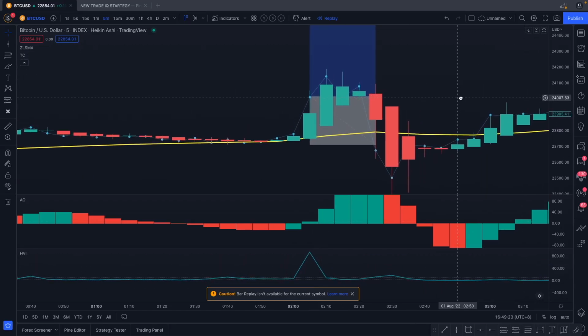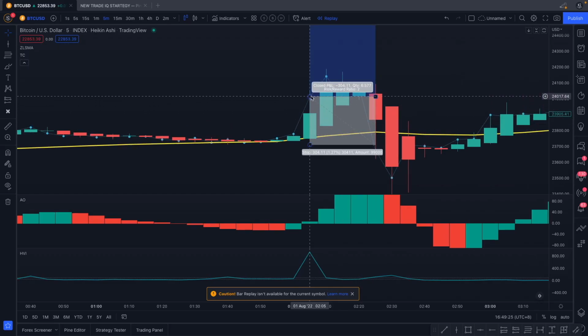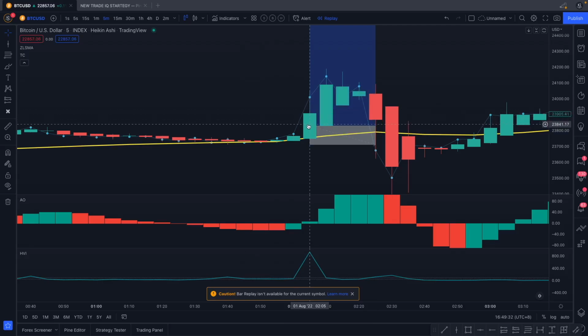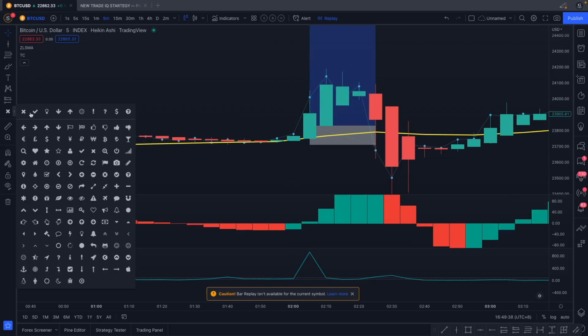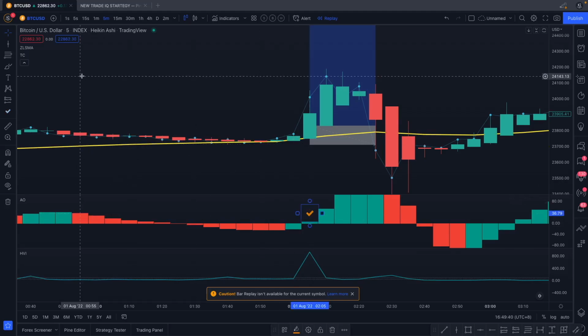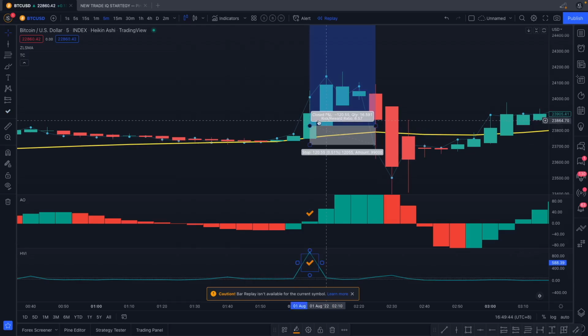So if we have a closer look at this candle, where would TradeIQ enter? Right down here. Where did price really close? Right up here. So if he would have entered based on his strategy, okay, this one is checked. We have a valid setup based on the awesome oscillator. We have a valid setup here on the HVI.